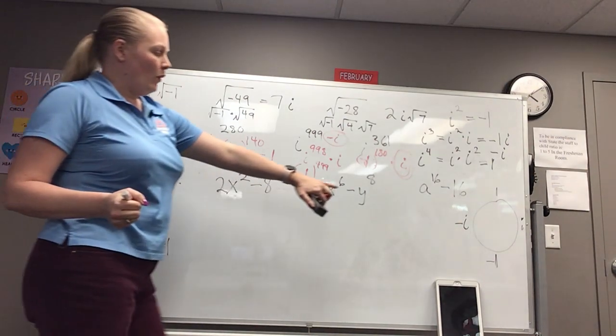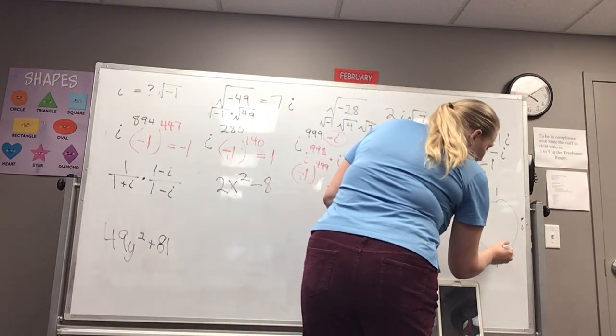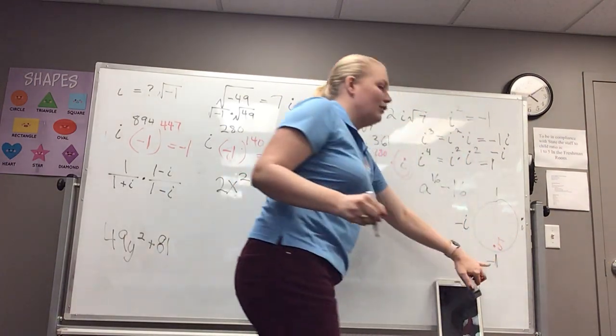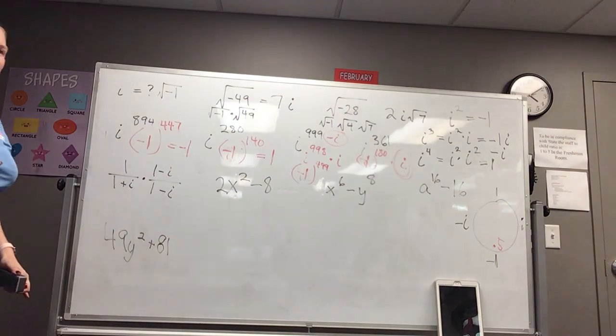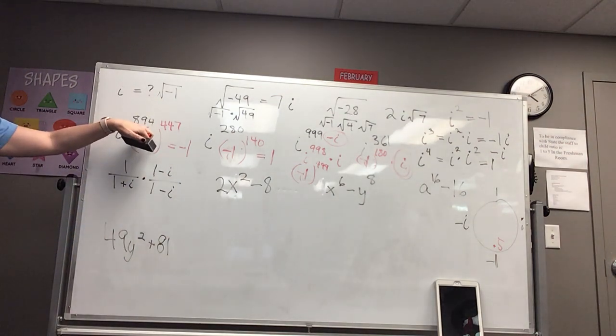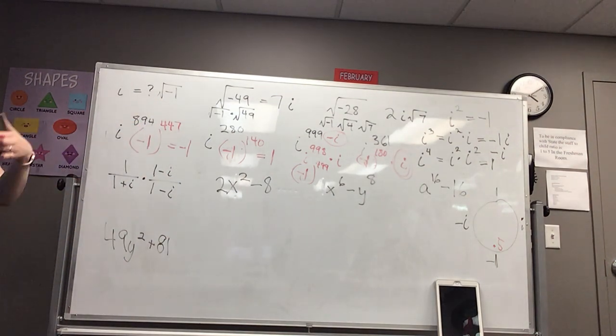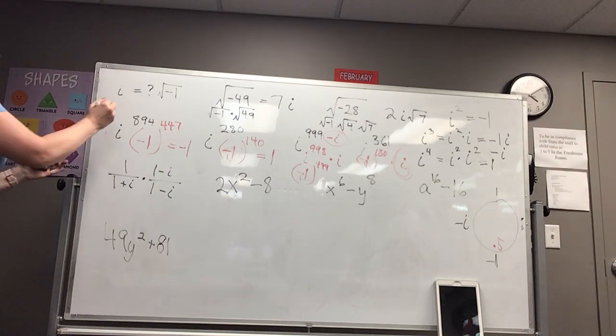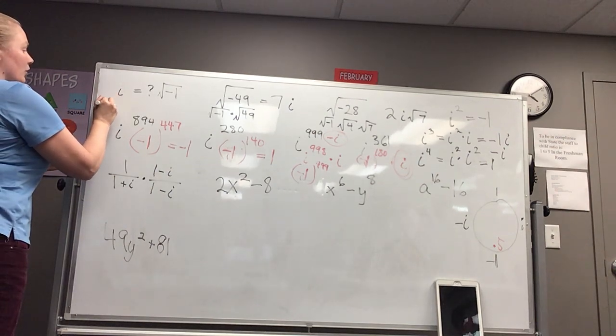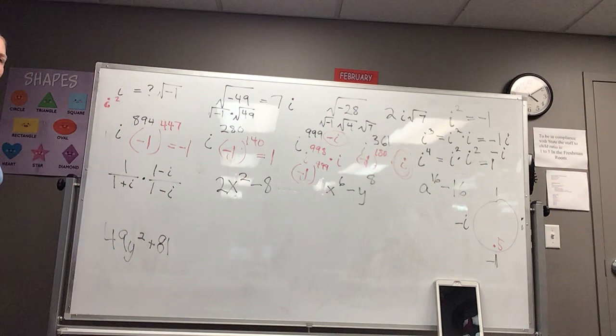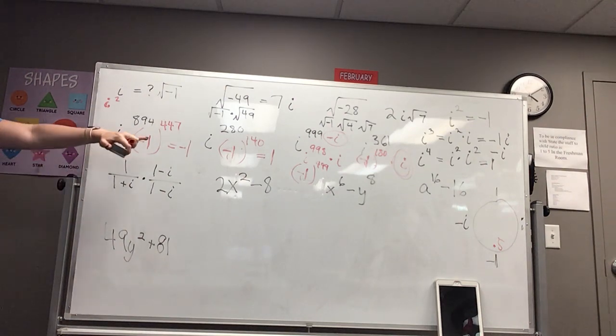So with the 0.5 remainder, the answer is going to be -1. And it doesn't matter what number you've got. Because there's 0.5, there's essentially i squared left over. It's always going to be the -1.